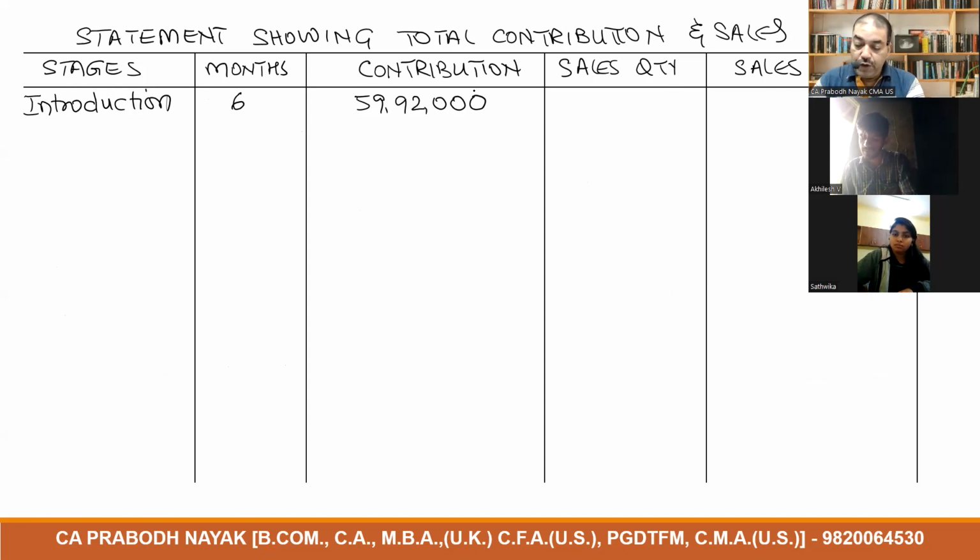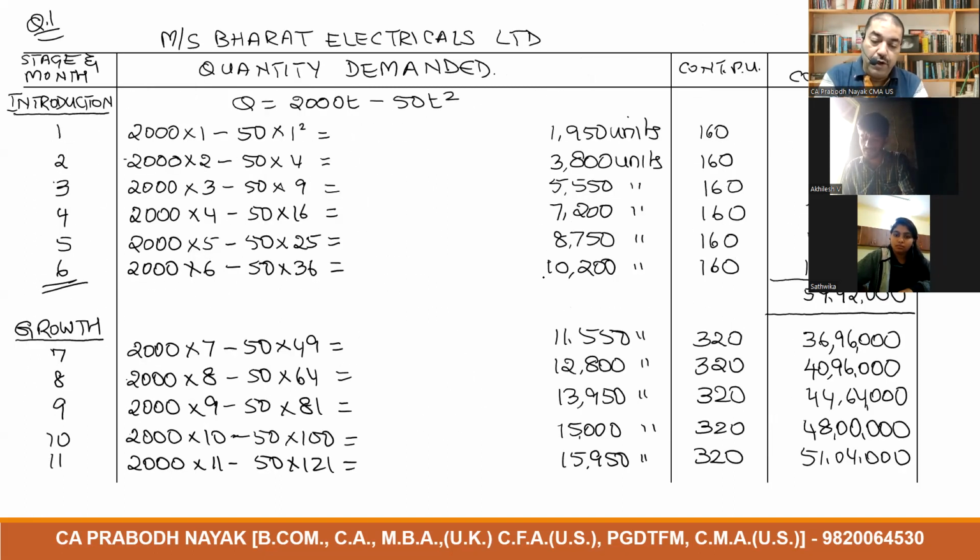Okay. Now sales quantity, what you will do? You will take the total of this quantity. I think it is 37,450.